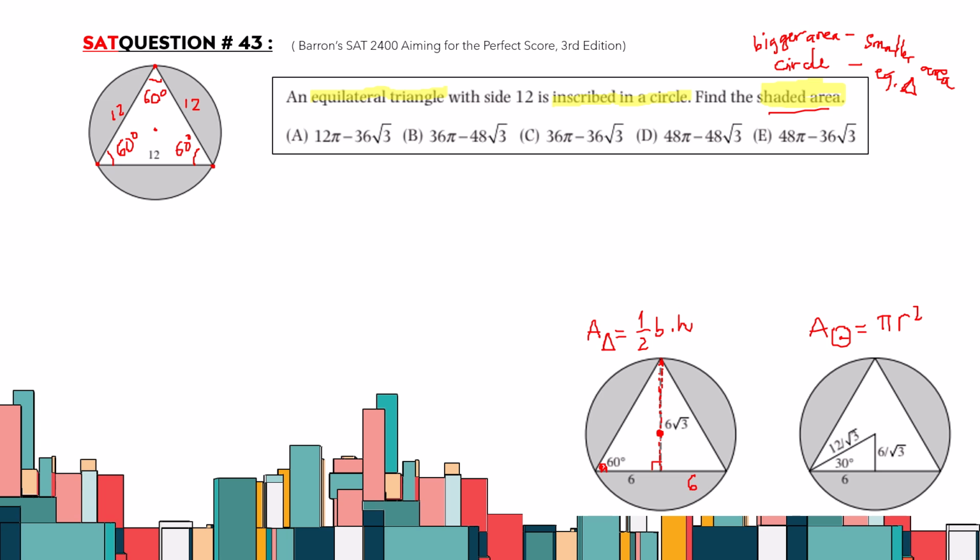Okay, and like before, we have a ratio of 30, 60, 90 degrees. If you don't remember, I can remind you. So we have, this is 30, this is 60, and this is 90. So this will be 2x.